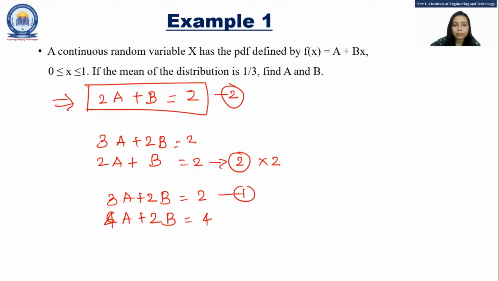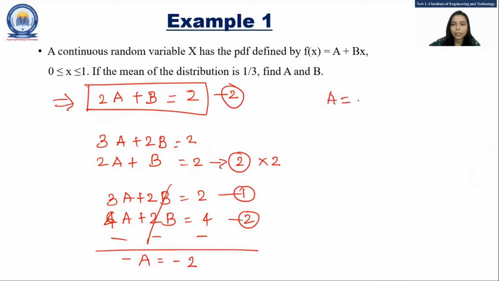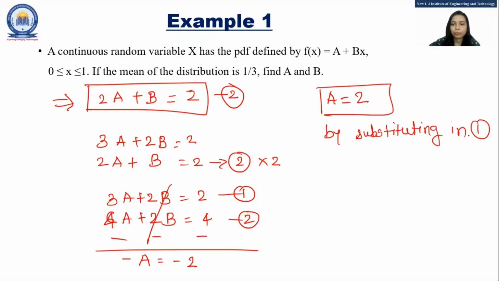Now by performing 1 minus 2, the 2b would cancel. Minus a is equal to minus 2, so a would become 2. Let's put the value in either 1 or 2. I'm putting it into equation 2. By substituting, 2 into 2 would become 4 plus b is equal to 2. So the b value is minus 2.